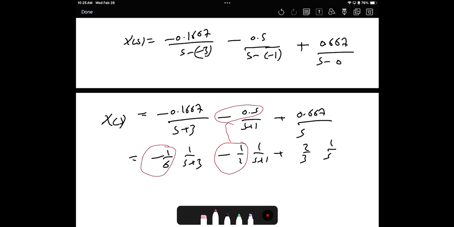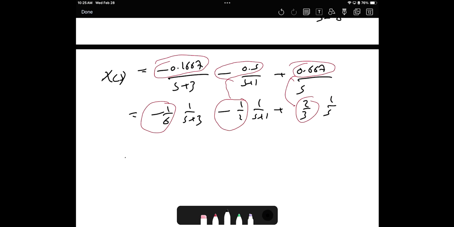Negative 1 over 6, this is negative 0.1667. 2 over 3, this is 0.667. Then we get the same answers. That's it. After that, you can do the Laplace inverse again, which will be negative 1 over 6 equal to negative 3t u of t, minus 1 over 2 equal to negative t u of t, plus 2 over 3 u of t.